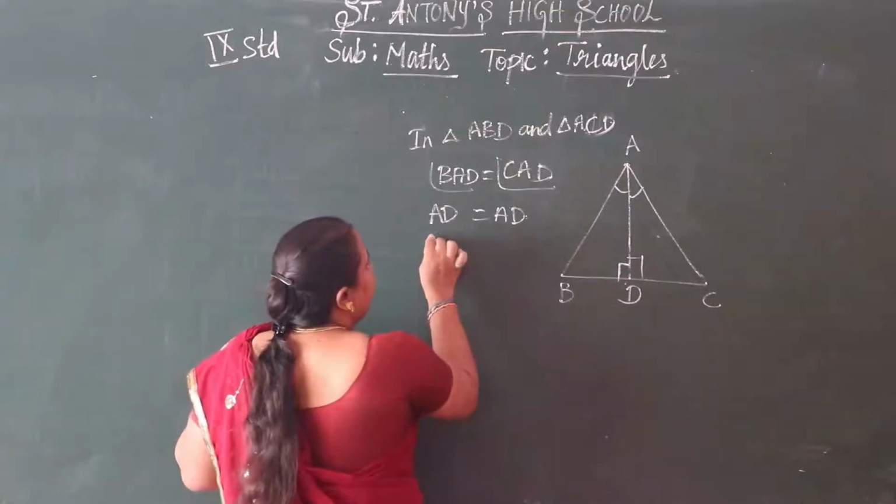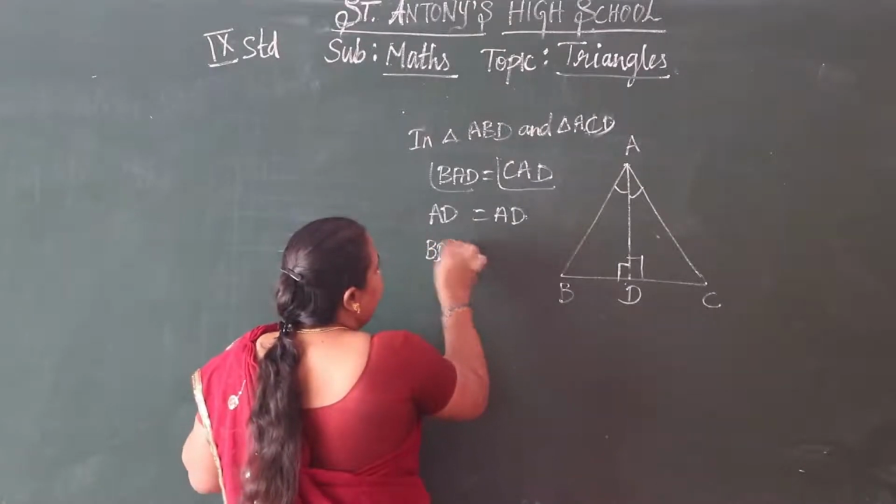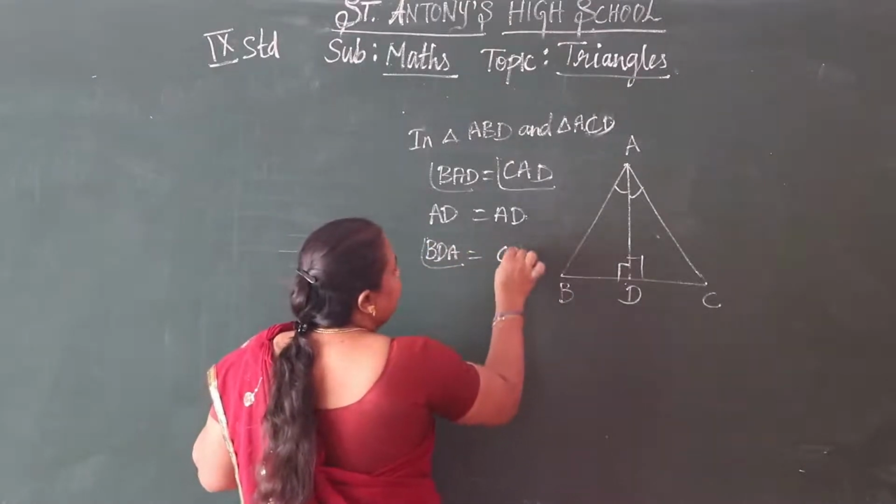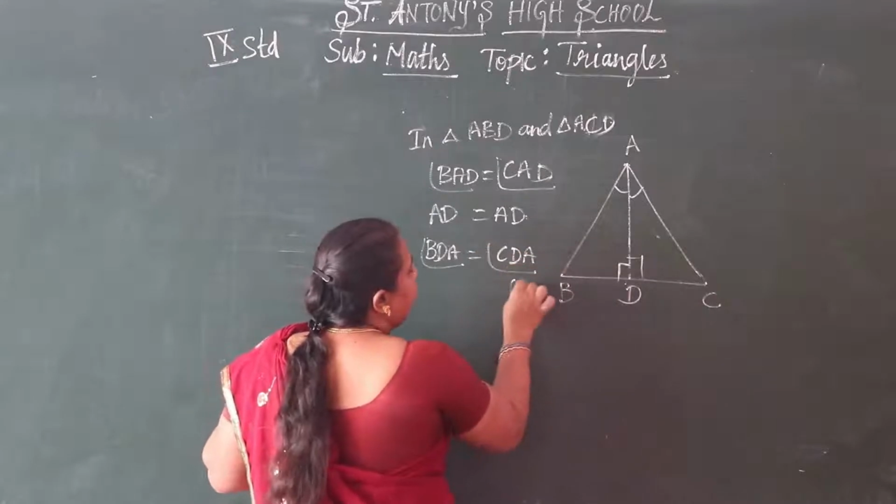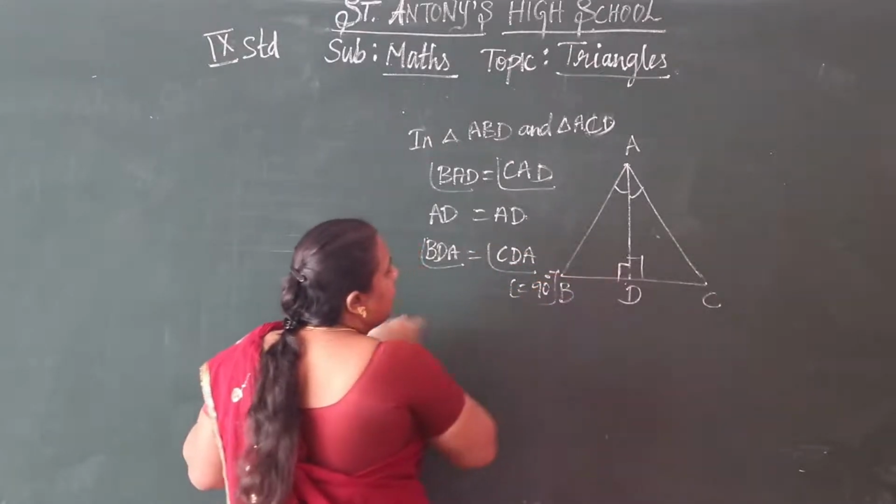So we can say angle BDA equals angle CDA, each equal to 90 degrees.